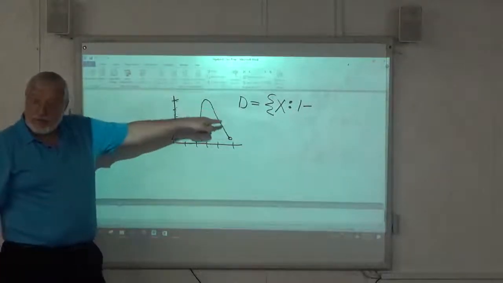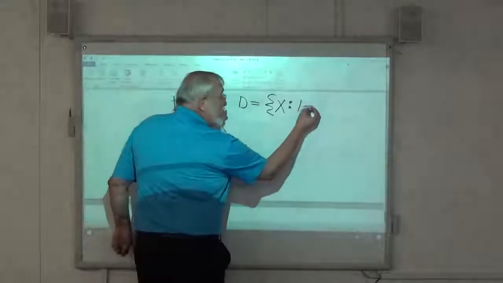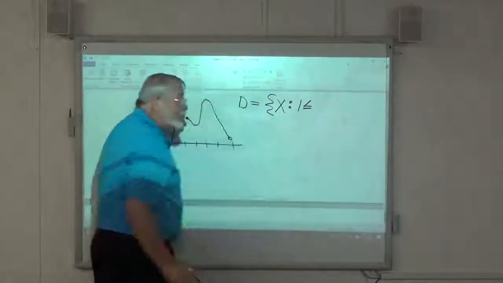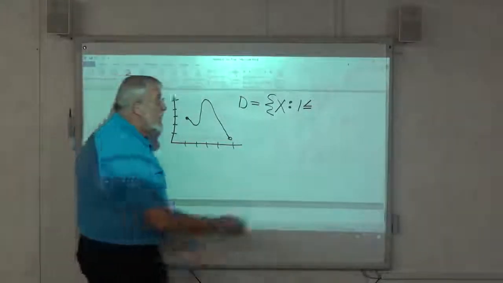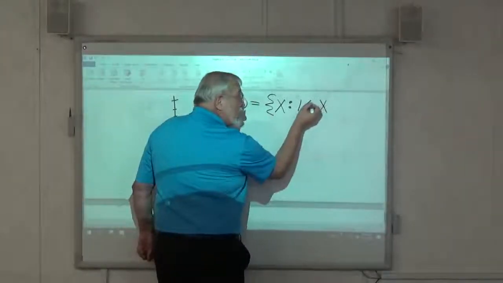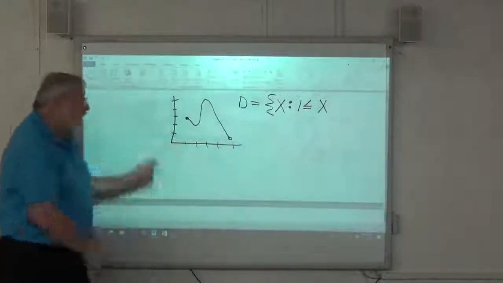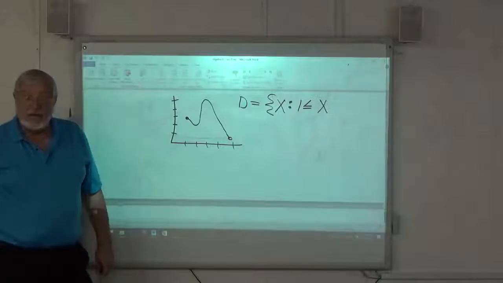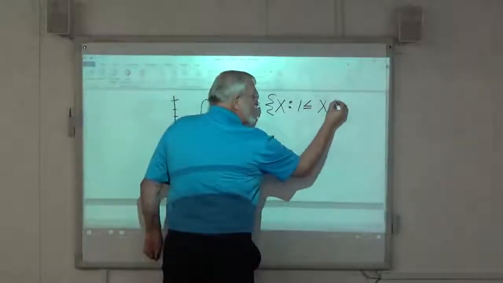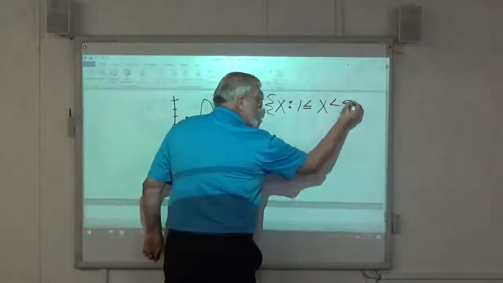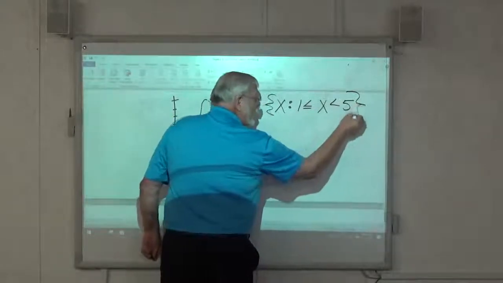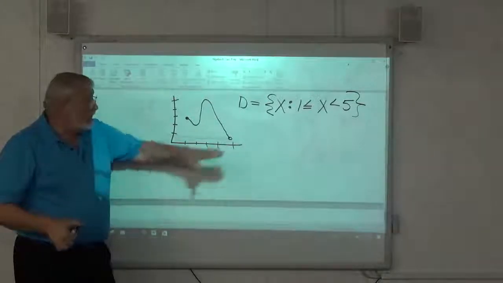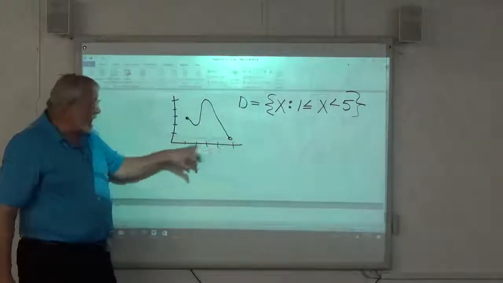It continues from there. So that means it is greater than or equal. So x is greater than or equal to 1, and where does it end? 1, 2, 3, 4, 5. x is less than 5. That's the vocabulary for talking about the domain of this.